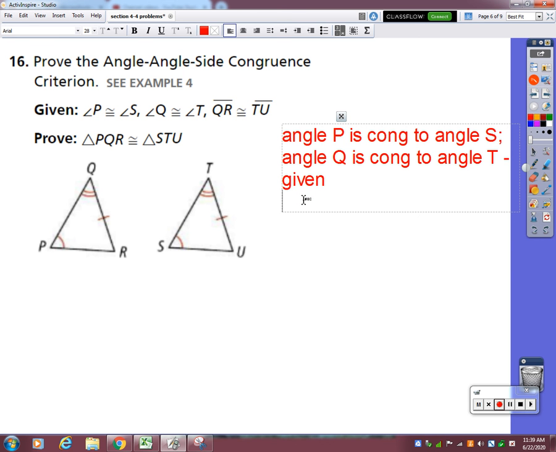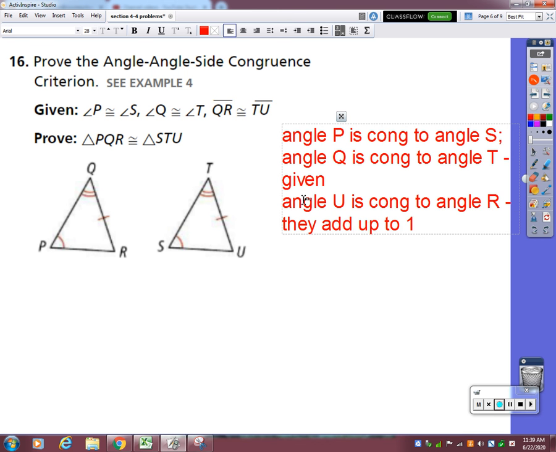I'm going to say that therefore, we talked about this already, angle U is congruent to angle R, and that is because they add up to 180 degrees. I might want to flesh that out a little bit.